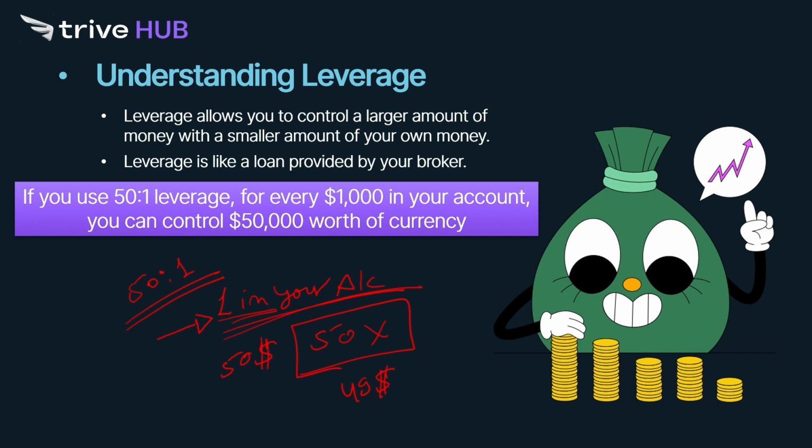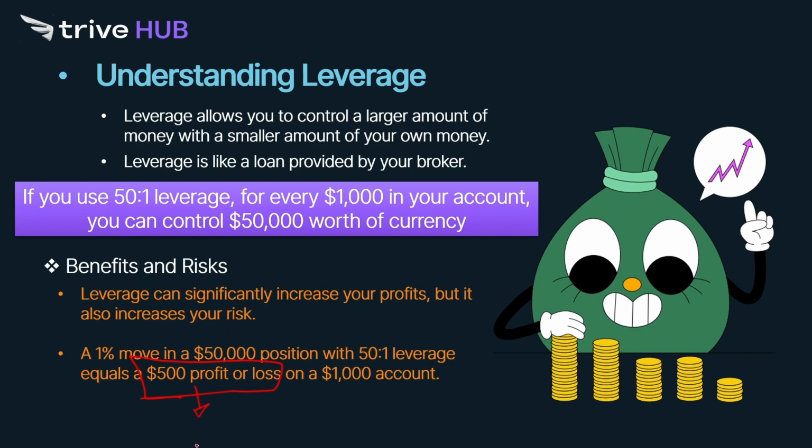Then you need to understand whether $500 is within your risk capacity or beyond it. As we discussed in the previous slide on position sizing, my maximum risk should only be $200 per trade. So I cannot use 50:1 leverage. I need to reduce it. I might want to use 20:1 or even 10:1. Handle leverage very carefully.